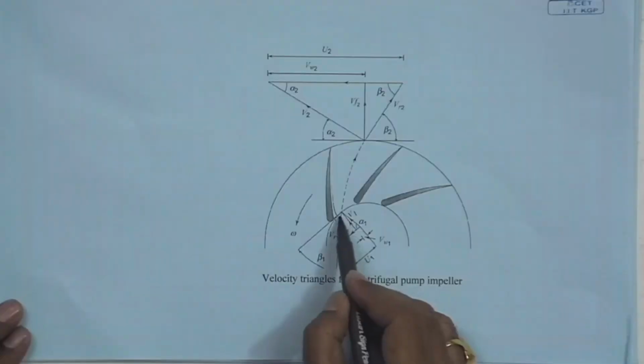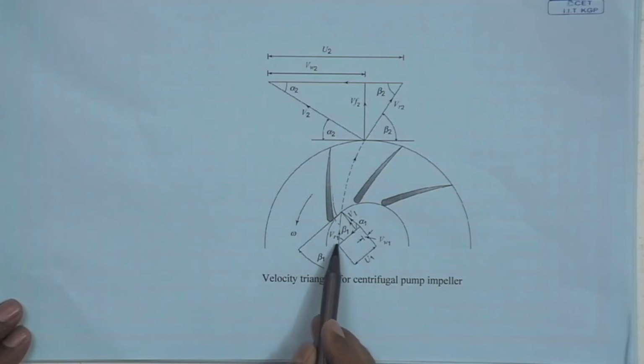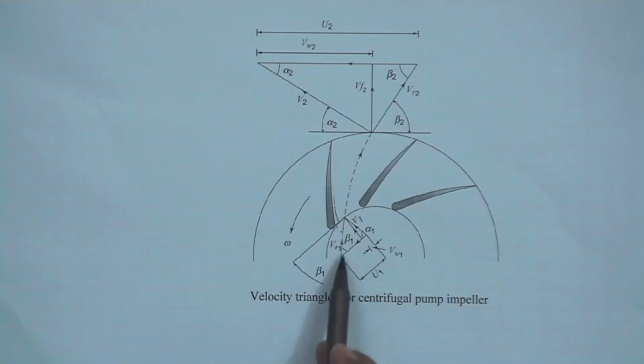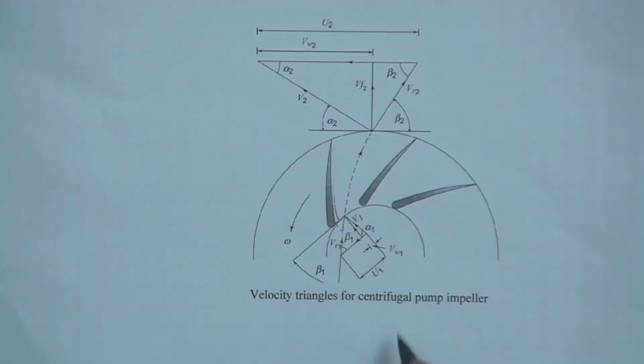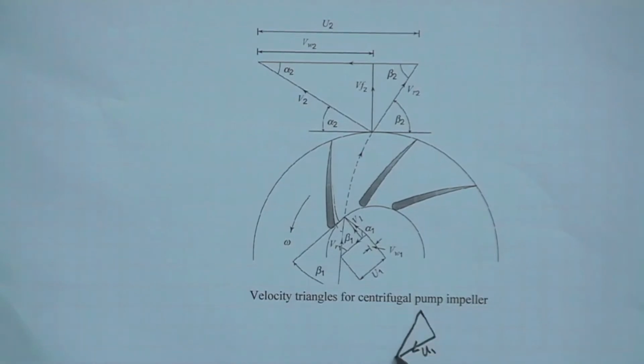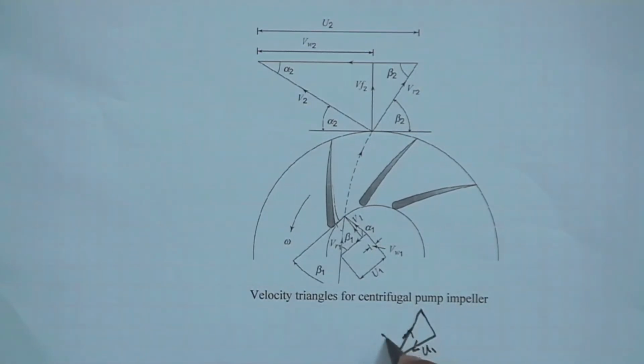Here you see the design should be such that in the inlet velocity triangle, u1 is the blade velocity, this is the relative velocity Vr1, and this is the absolute inlet velocity V1, which should be perpendicular to u1.